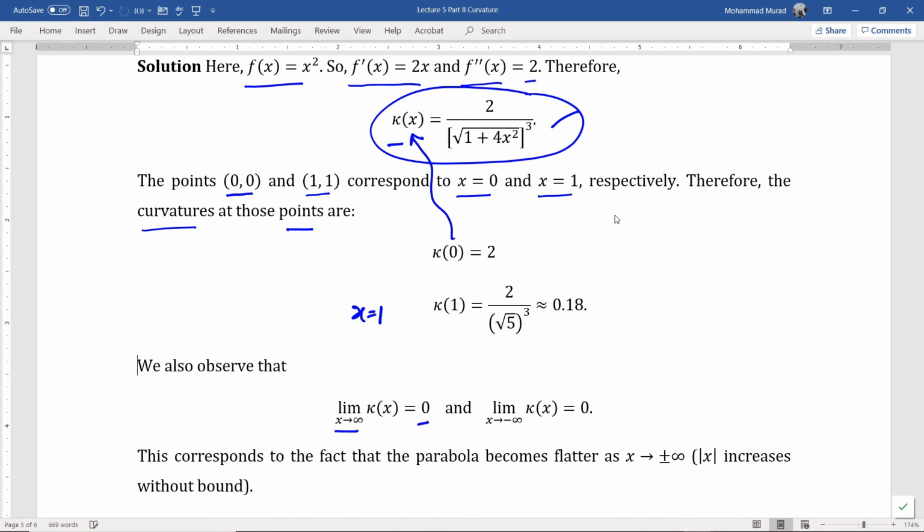And also, since it is an even function, namely the graph of kappa would be symmetric with respect to the y-axis, it follows that the limit of the curvature function as x approaches negative infinity is also equal to 0. This corresponds to the fact that the parabola becomes flatter as x approaches either plus infinity or negative infinity.